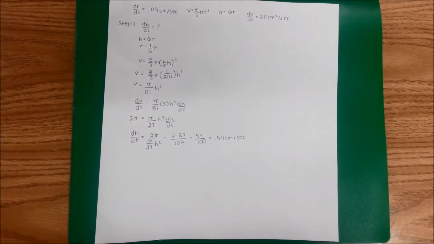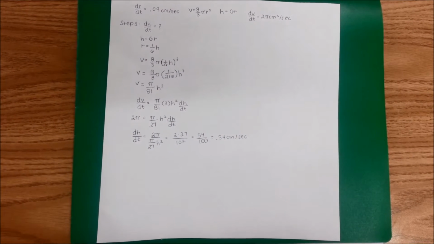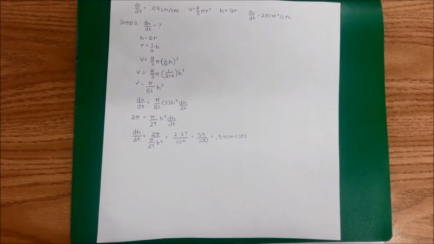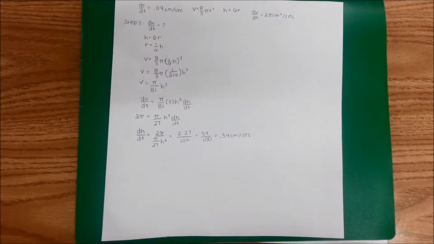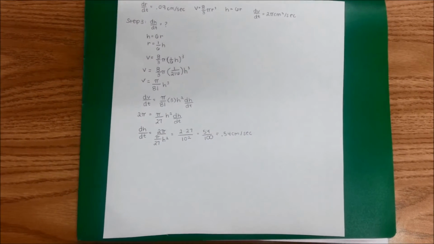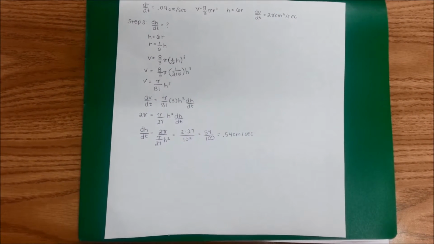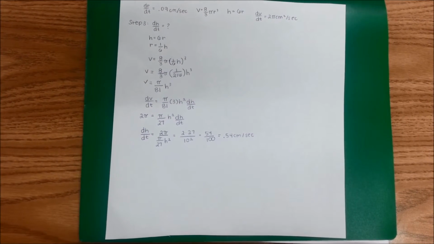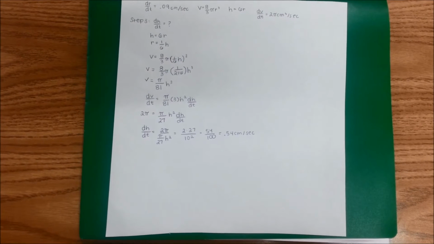So volume equals 8/3 pi times (1/6 h) all cubed. So volume equals 8/3 pi times 1 over 216 h cubed. Simplified, that equals pi over 81 h cubed. Now you need to differentiate your volume, so dV/dt equals pi over 81 times 3h squared dh/dt by power rule.